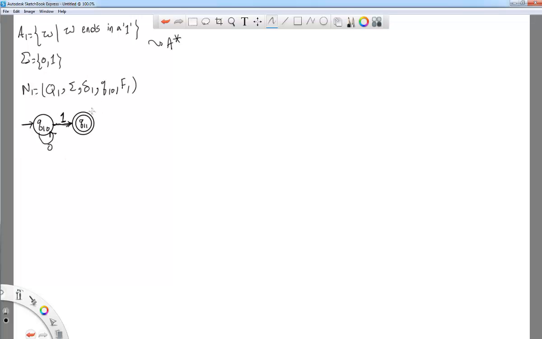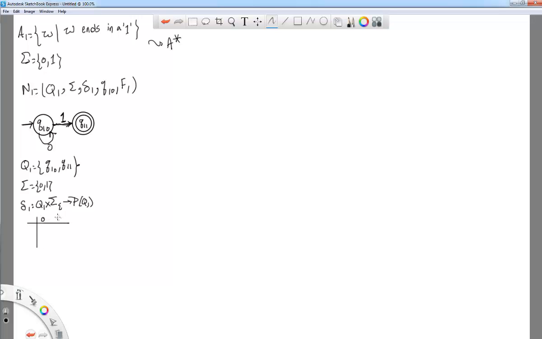In this machine, Q sub 1 is the set of q sub 1 0 and q sub 1 1. Your alphabet sigma is 0 and 1, and delta sub 1 goes from Q sub 1 cross sigma epsilon to the power set of Q sub 1, which looks like this in the transition table.